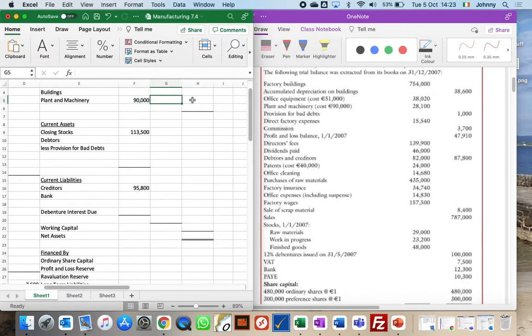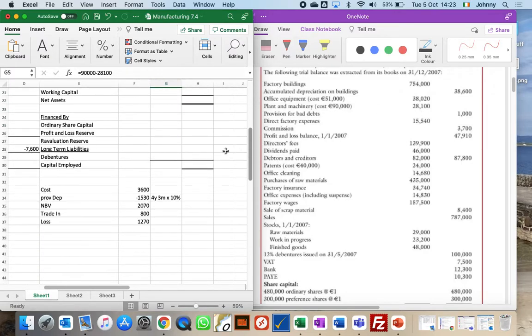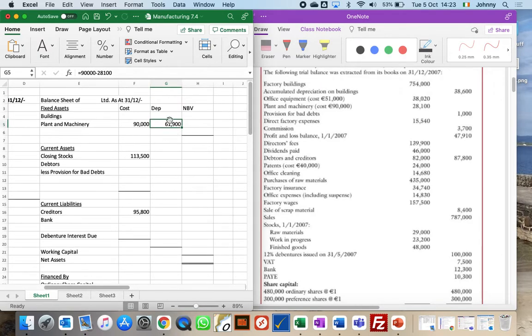And so the accumulated depreciation will be the difference between these two numbers here. 90 grand minus 28,100. So that's what the accumulated depreciation is at the moment. But I'm going to need to take away from that the depreciation on the thing I sold. So that's 1,530. I'll be taking that away because that item is now gone. Minus 1,530. And I'll take away the 3.6 from the 90 grand.